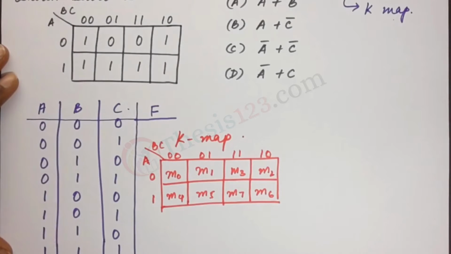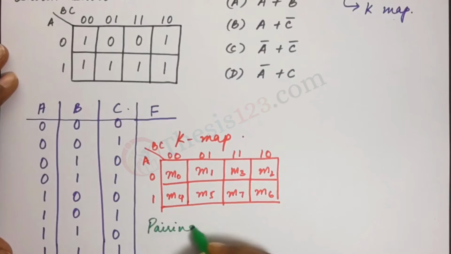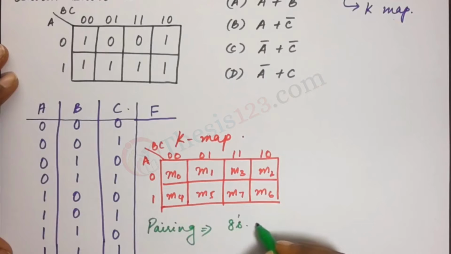So the next step is to group them or pair them up in 2s, 4s and 8s, because the total number is 8 and we have to pair them up in even numbers. So we have the pairing in 8s, 8 ones, in 4s and in 2s.